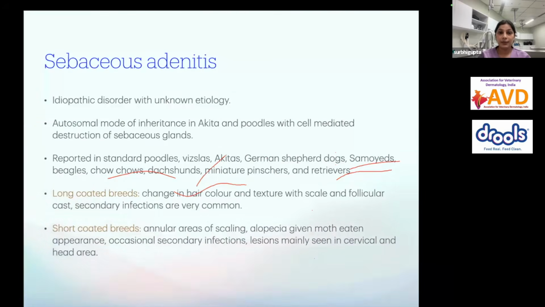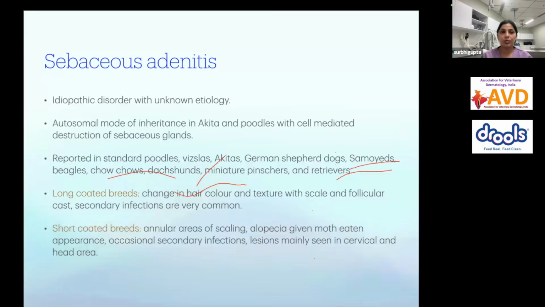Then sebaceous adenitis. Some people diagnose it under the keratinization disorder, and some people discuss it separately. So in sebaceous adenitis, there are glands inside the skin, the sebaceous glands, which secrete sebum.